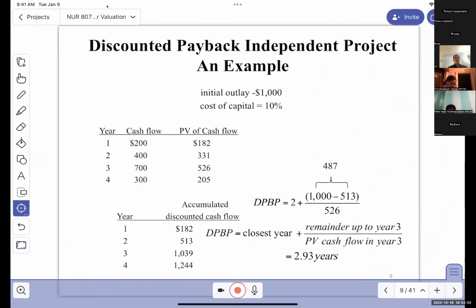So we're going to correct for that first problem by calculating what's called the discounted payback period. And so taking the same cash flows, what I have to do is discount each one. So how did I get this new column here?